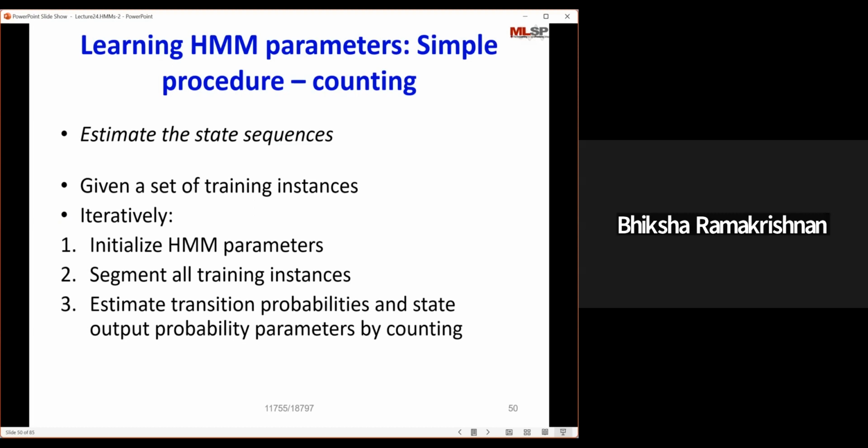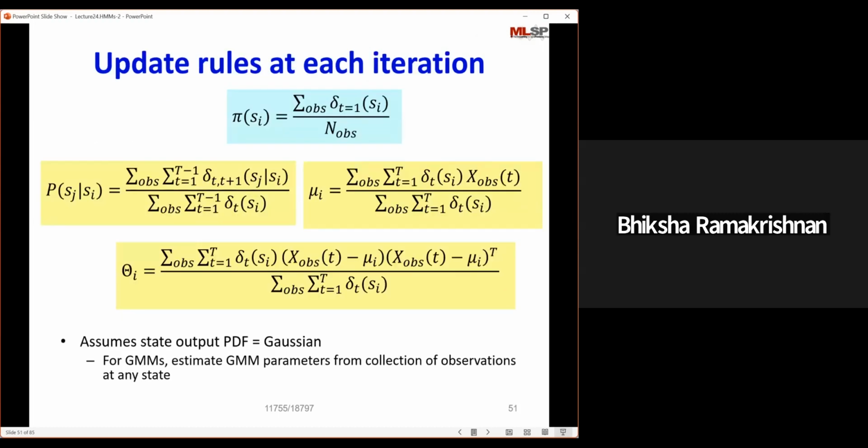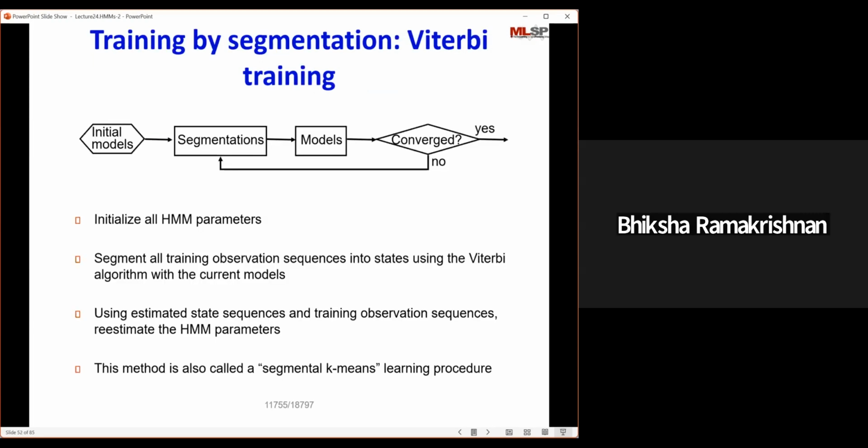I can initialize my HMM parameters, then compute the state sequence, the state segmentation, and then estimate all of my probabilities. I'm going to be using these formulae as before, except this is how I do it. I'd initialize the models. From these, I'd estimate the state sequences, and using the estimated state sequence, I can estimate all my model parameters.